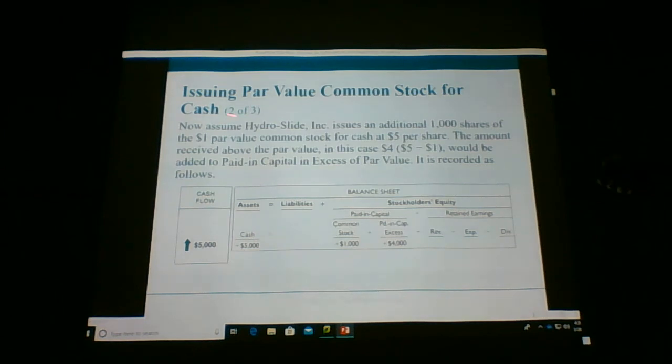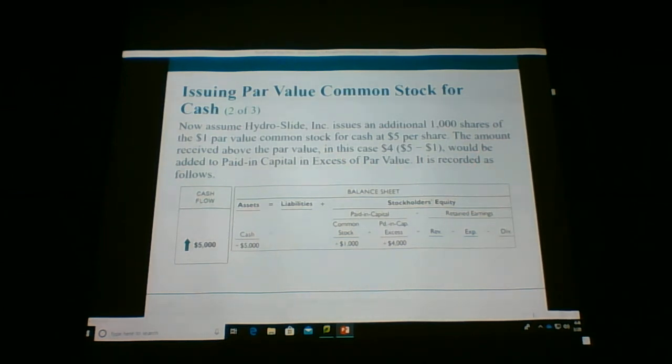Now assume that Hydroslide Incorporated issues an additional 1,000 shares of $1 par value common stock for $5 per share. The amount received above the par value, in this case $4, they used a process called subtraction to figure that out, would be added to paid-in capital in excess of par, and it is recorded as follows.